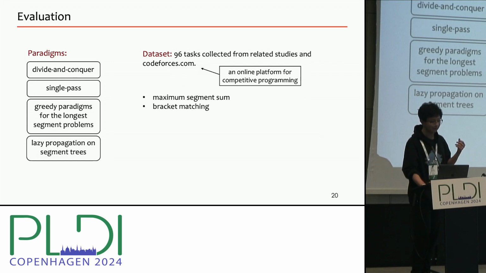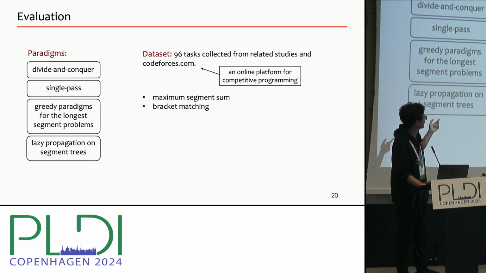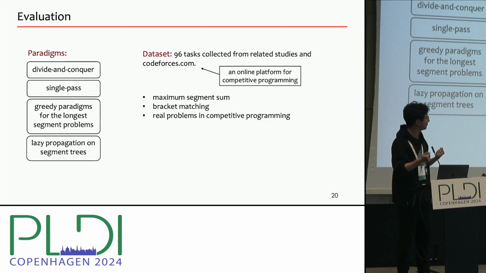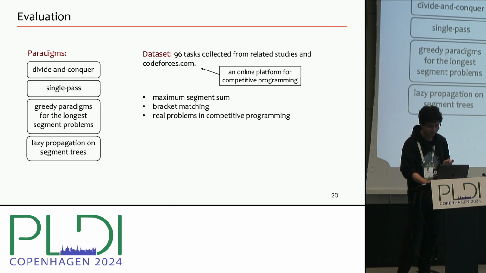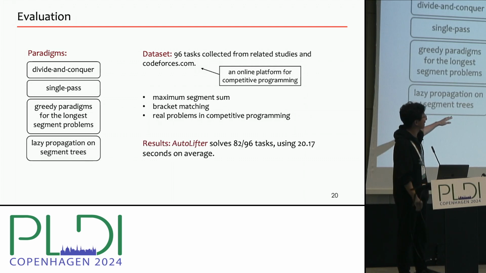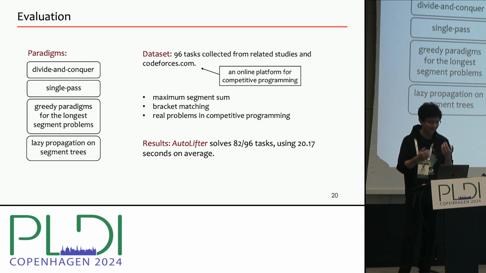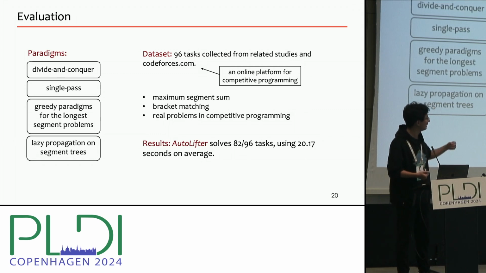Our data set includes some classical problems like maximum segment sum and bracket matching. And also we include some real problems in real competitive programming. Our results show that AutoLifter is effective in solving these problems. It can solve most tasks within a small time frame, and this performance is better than previous related approaches.